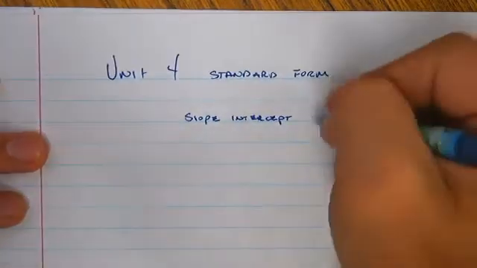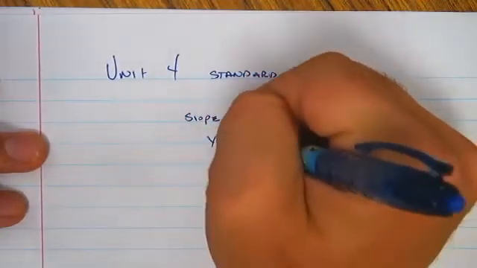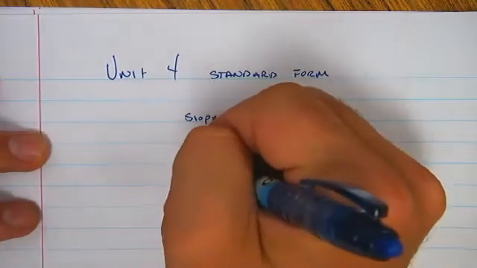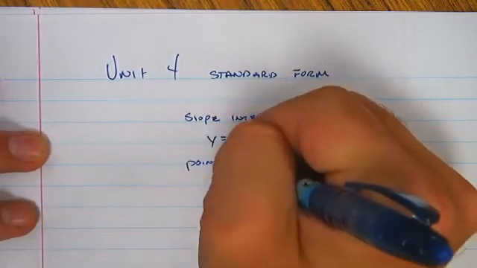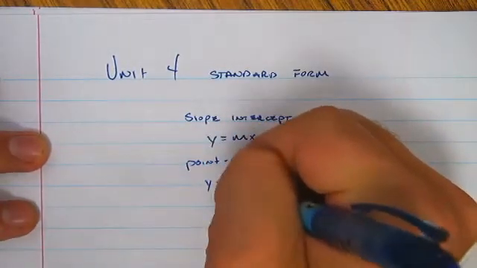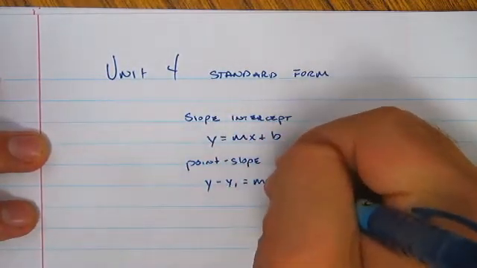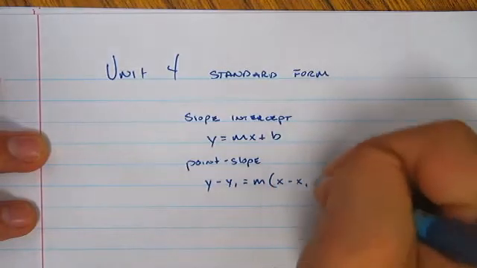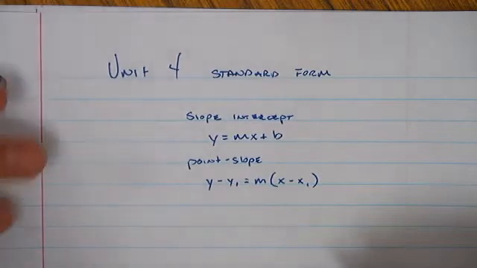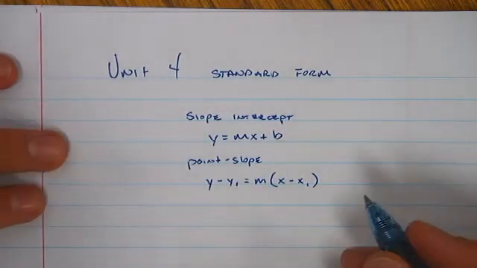Slope intercept is y equals mx plus b. Then we had point slope, which was y minus y1 equals m times x minus x1. Kind of a combination again of slope intercept and our slope formula.